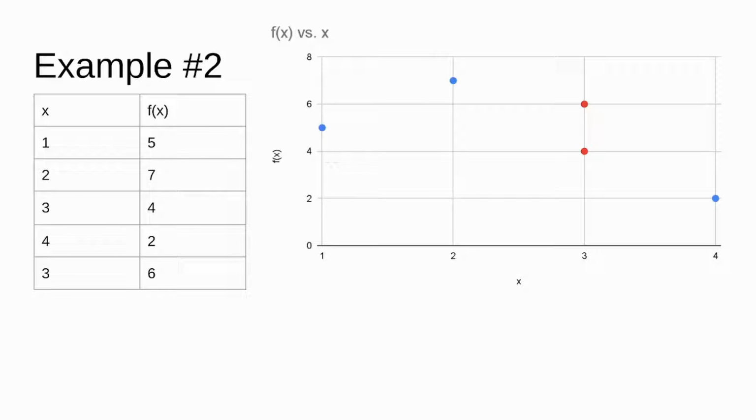You can go through each one of these points, draw a vertical line, and then you get over to these data points in red. And if I were to draw a vertical line, which is really hard with a pen tablet, you could see that this does not pass the vertical line test. I have 2 data points that both intersect this vertical line.